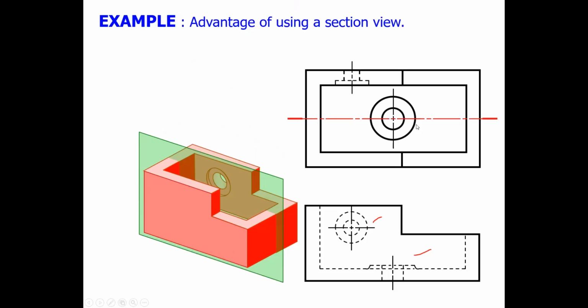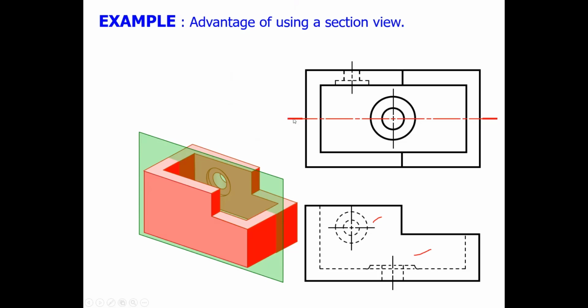This is what we call the section line, because your left view is your isometric representation. We have this cutting plane in green color. On your top view, we have the cutting line, in English, section line. It's a center line.